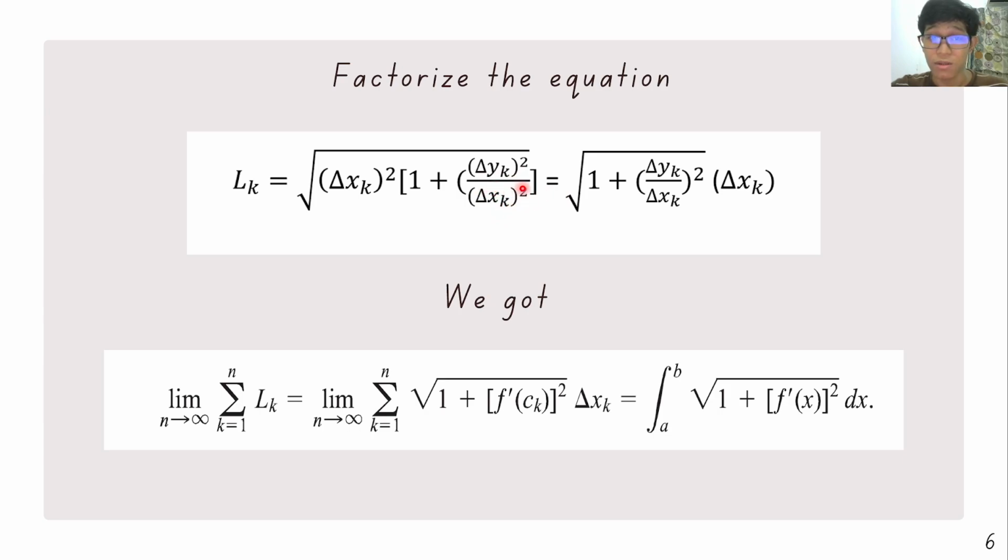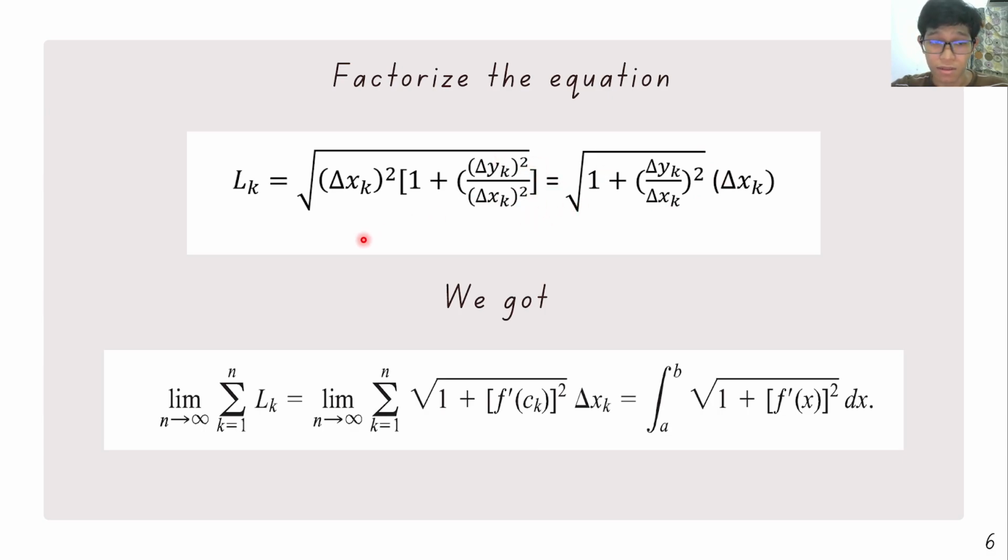Delta xk comes out of the square root, and the remaining result inside the square root is 1 plus delta yk over delta xk, squared. We can put it in one square because it's the same.